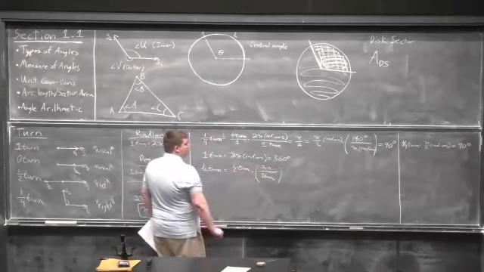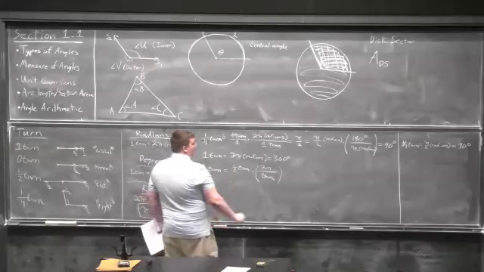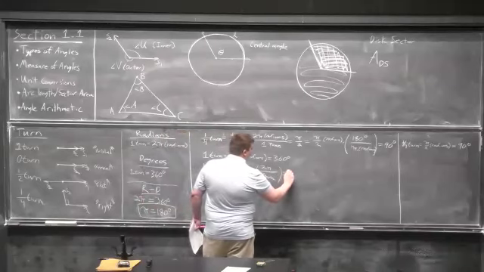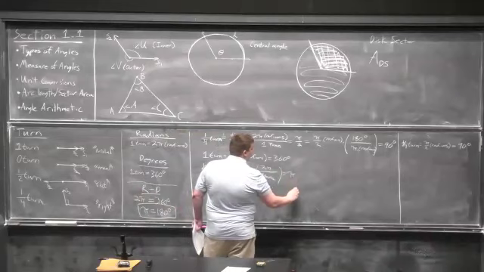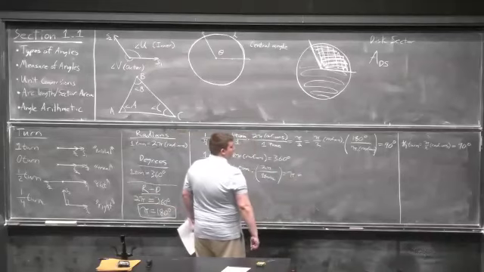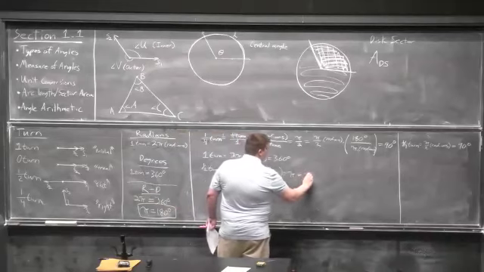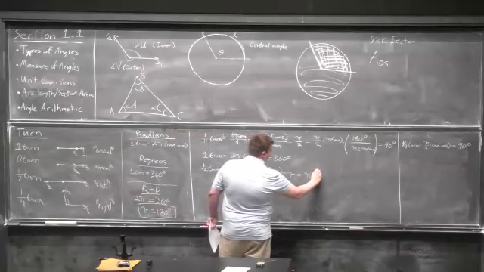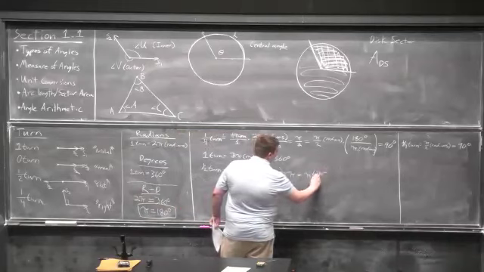Turn cancels. 1/2 times 2 pi, well, that is just pi, which now we can take pi times 180 degrees over pi radians.